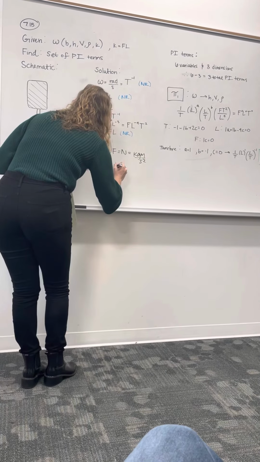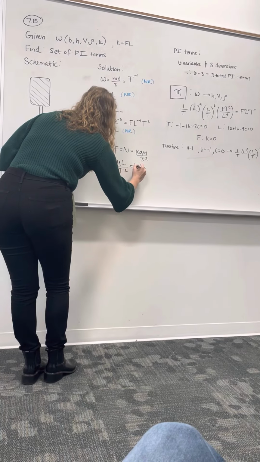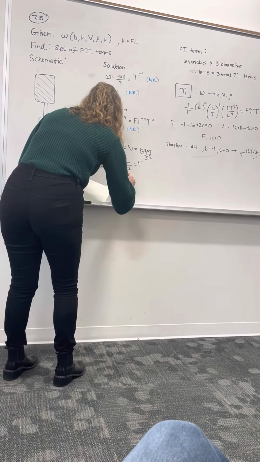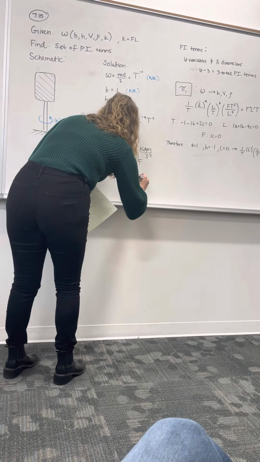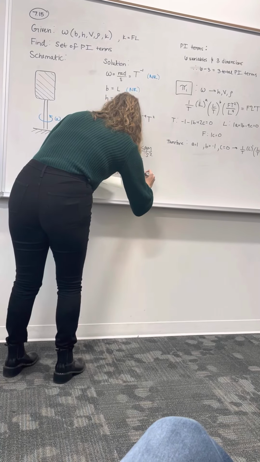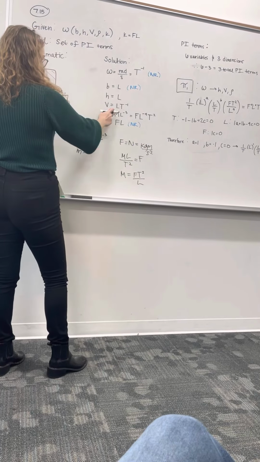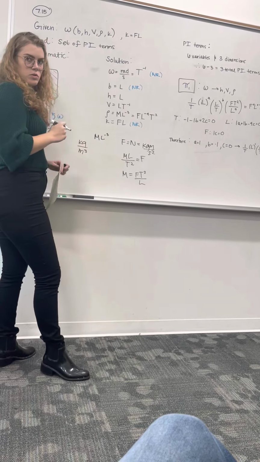So that gives you mass times length over time squared is equal to our force units. And when you solve for that, you end up with your mass is also equal to your force times time squared over length here. And so we can plug that into our mass over length cubed, and that ends up with force length to the -4 times time squared.